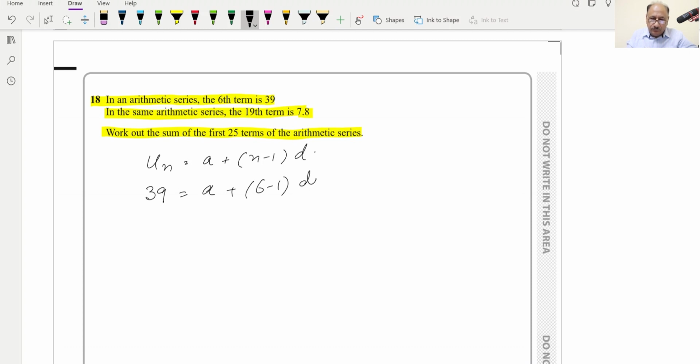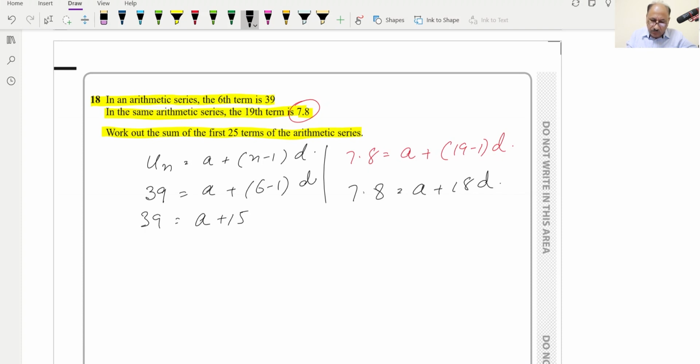And for the second one, which is the 19th term, which is 7.8, we can write 7.8 is equal to a plus 19 minus 1 into d. This will be simplified to 7.8 is equal to a plus 18d. This will be one equation, and the second equation will be 39 is equal to a plus 5d.